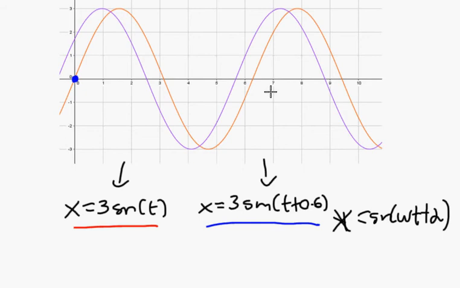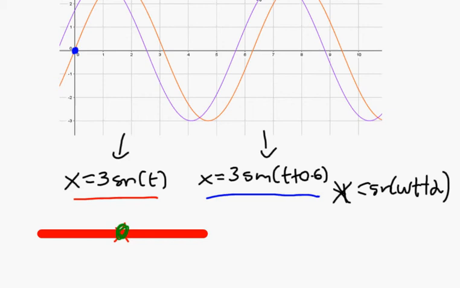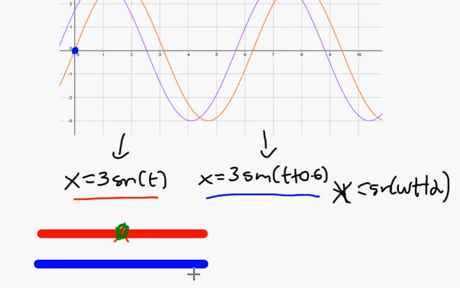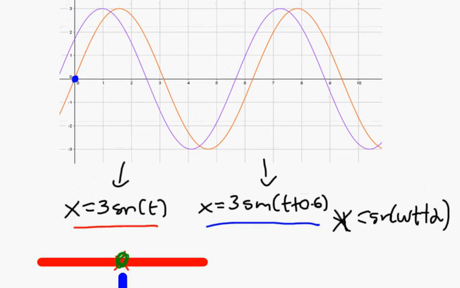We start dead center, don't we? So we start here. In the second one, which is the blue one, where do we start? It's the same amplitude, isn't it? We did start here in the last one, but where are we going to start this one?